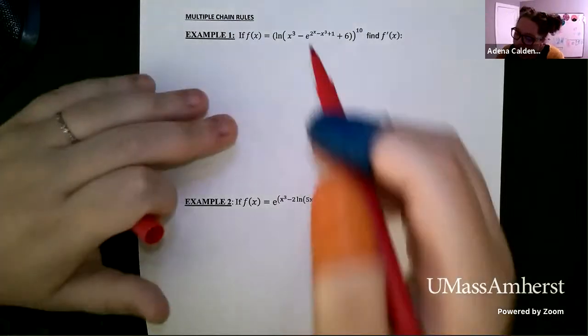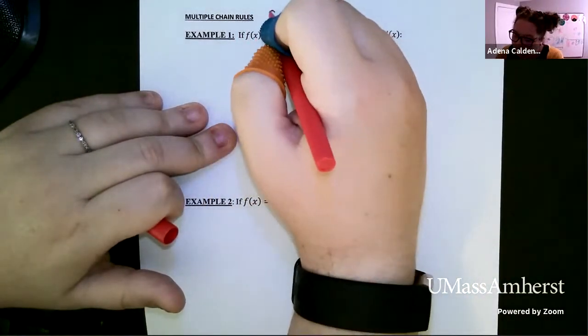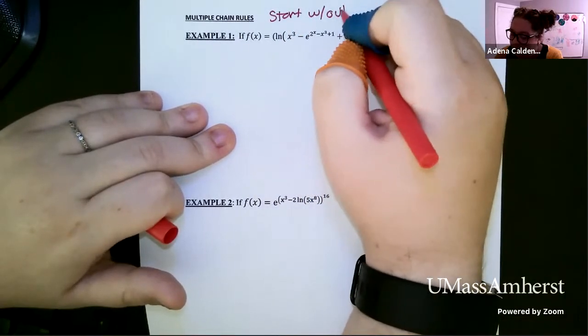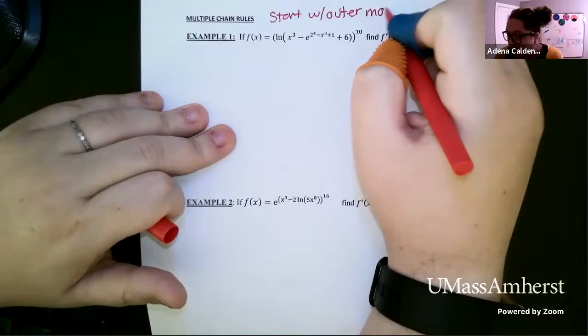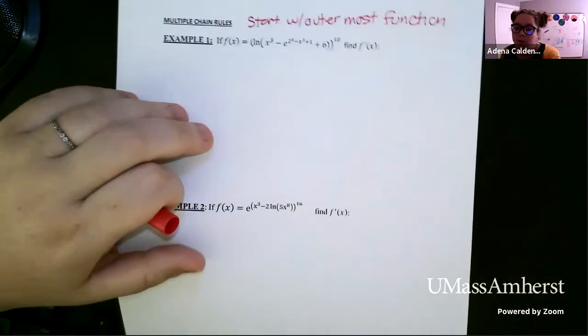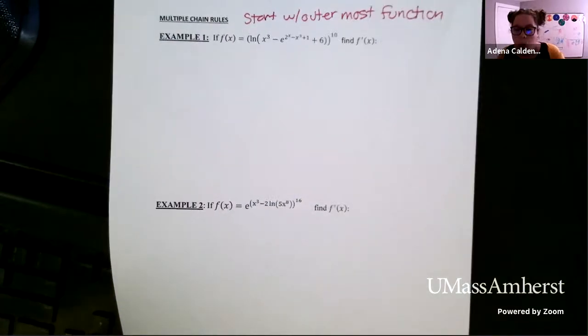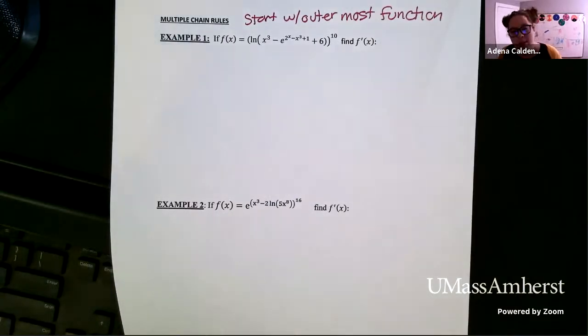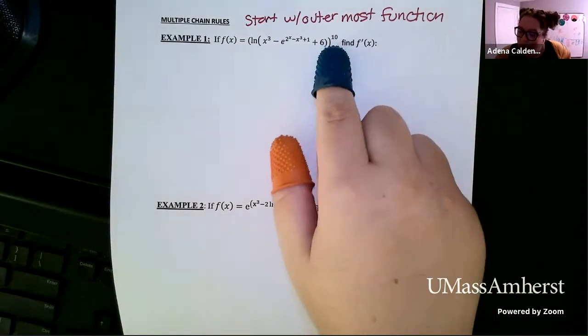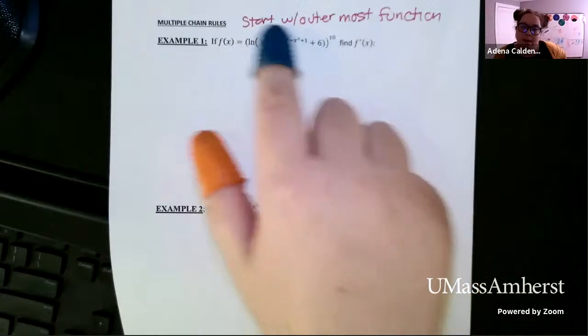So when we start with multiple chain rules, we want to start with the outermost function. Okay, so the first thing we're trying to do is determine what type of function is the outermost function. And so here, for example, everything is raised to this 10 power, right?